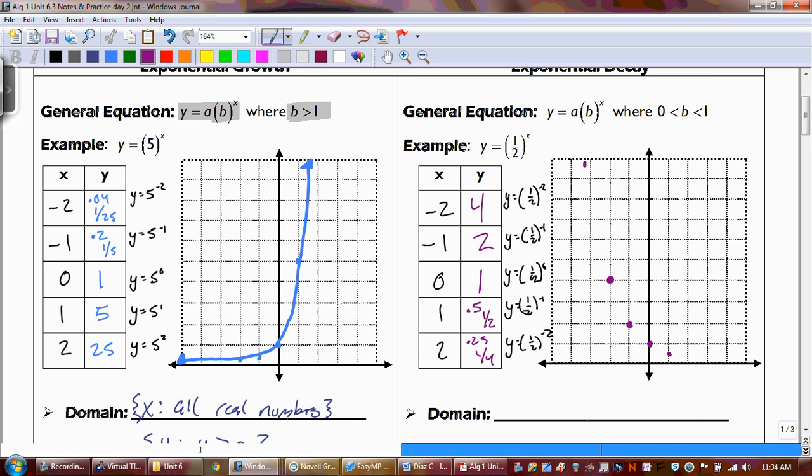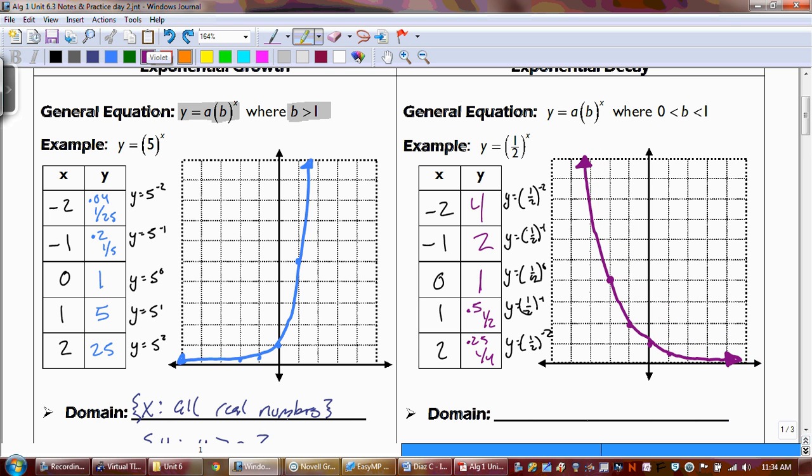So as we're graphing this, it's going the opposite direction. You can see growth in the blue from left to right, it's getting bigger. But decay from left to right, you can see it's going down.